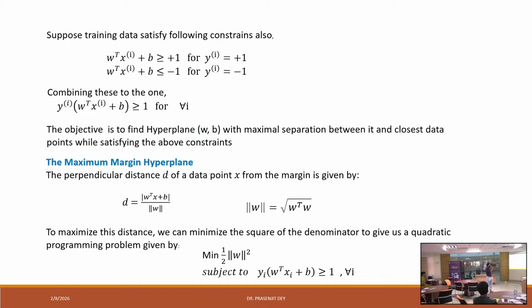So the objective is to find a hyperplane b and w with maximal separation between it and the closest data point while satisfying the above constraint. So in this equation, x we cannot control, y we cannot control.